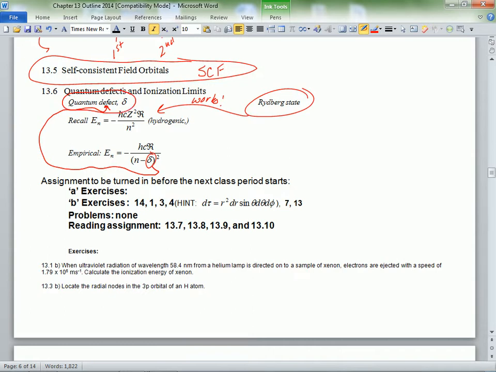And pick your choice, either shielding or penetration. That's the argument as to why we need a fudge factor in there. Okay.